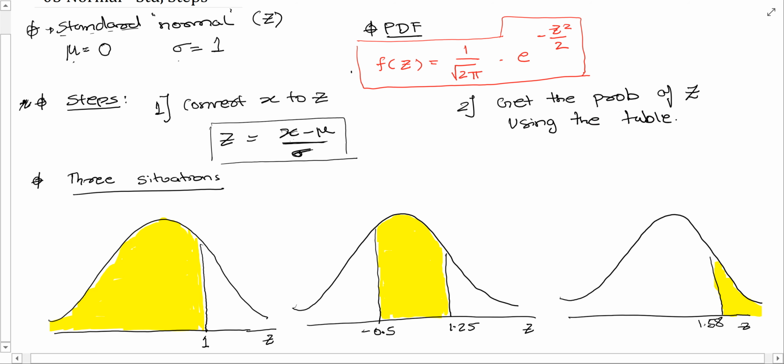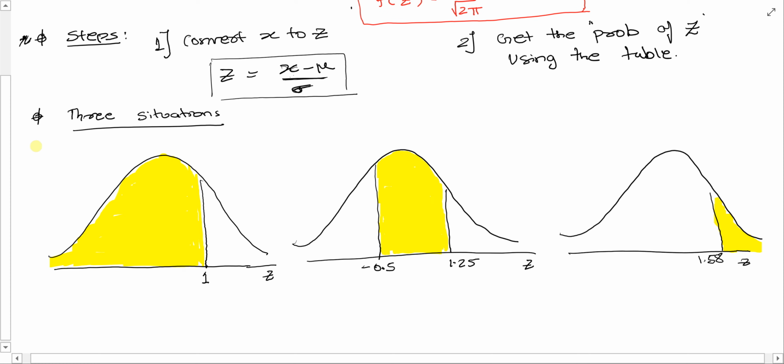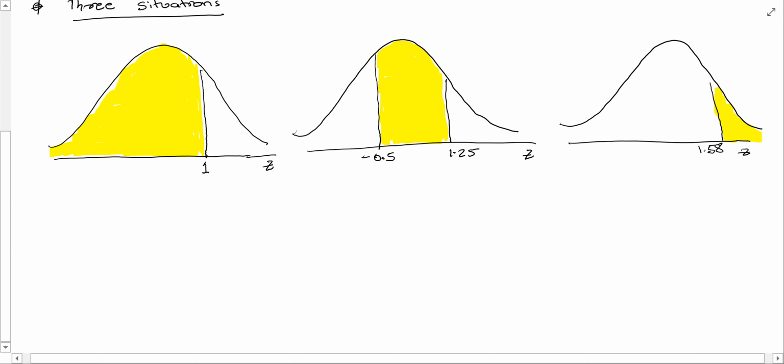So what do you mean by probability of z? There are three possible situations that one can face. One could be a situation where one is interested to find out the probability that this standard random variable takes a value less than or equal to 1, and that is given by this shaded area.